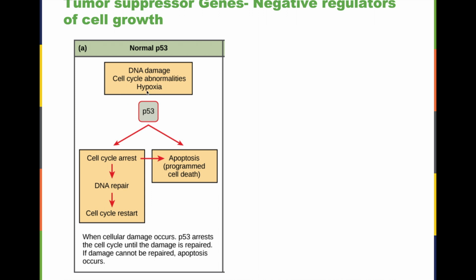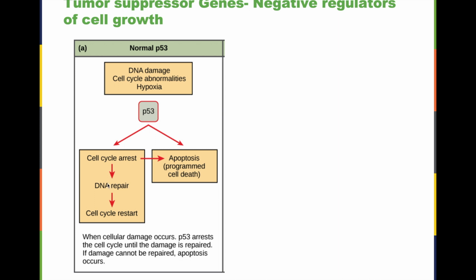So if the DNA of a cell is damaged, or the cell has abnormalities, or there's a limited supply of oxygen, this p53 protein does two things. If the DNA damage is not too high, the p53 protein, which is a tumor suppressor, arrests the cell cycle and gives the cell enough time to repair the damaged DNA.